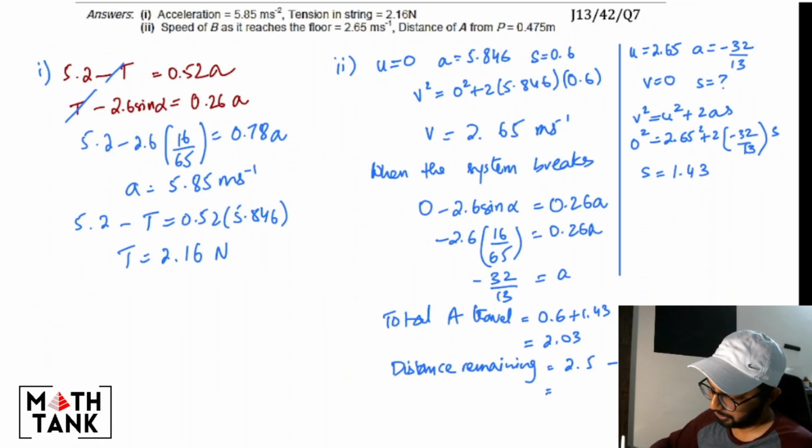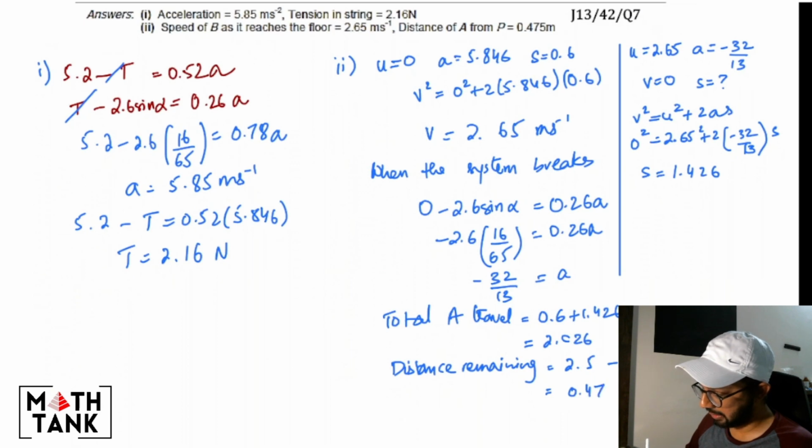Let's call this 1.426. Let's see if we get the correct answers. That's 2.026. So 2.5 minus that, I get 0.474, which is nearly the same answer as the one given above.